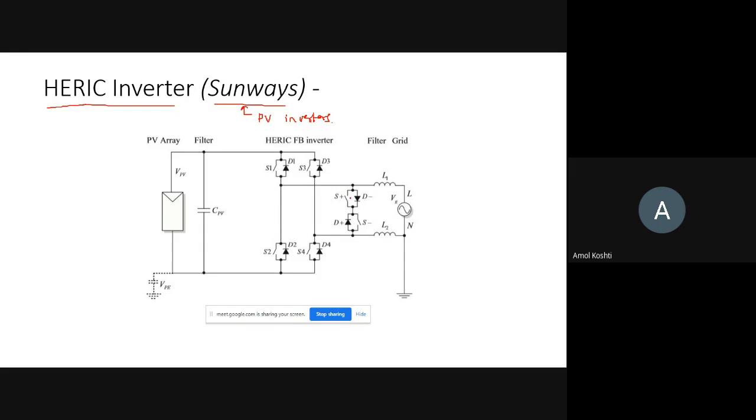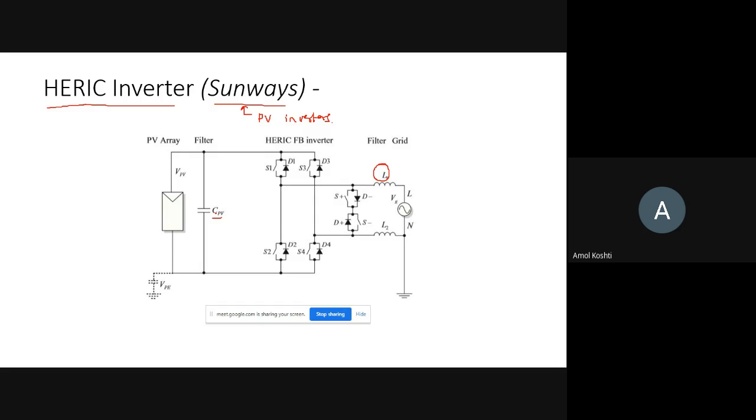The connection of the switches at this end of the inverter shows that it is only there to produce the zero output, and whatever charge is in the filters can be discharged through these circuits. This avoids the exchange of power between L1 and CPV.